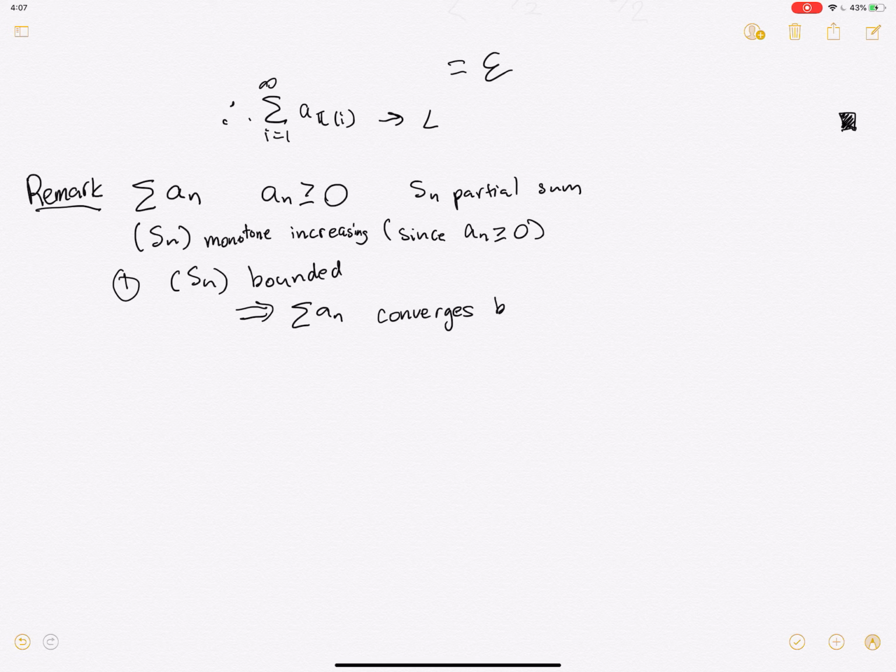If it's not bounded, then it just goes to infinity, it doesn't converge, it diverges, and that's it.